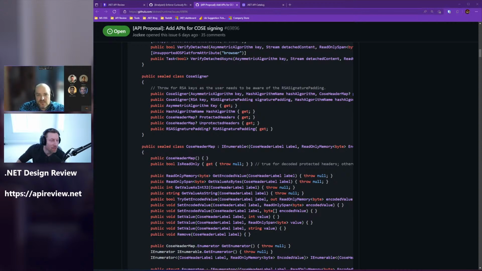Yep. So that's the signer, and then the only weird thing, and I don't know if we even have quorum to really discuss, is the map. So, COSE header map. As a map, it's essentially a dictionary, but it's weird. The map is well defined only if the key is an integer or a string.